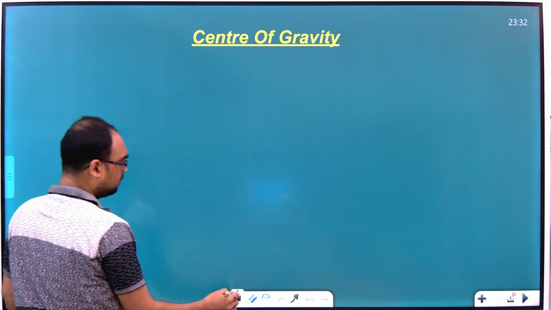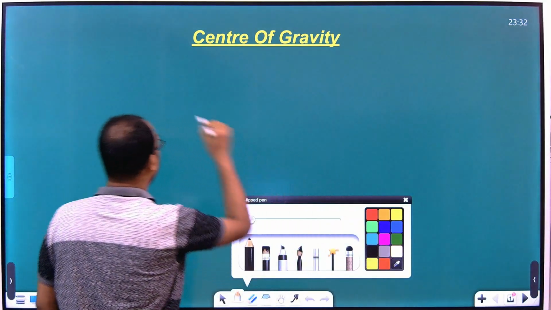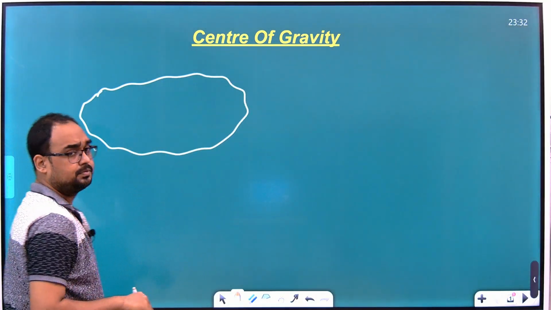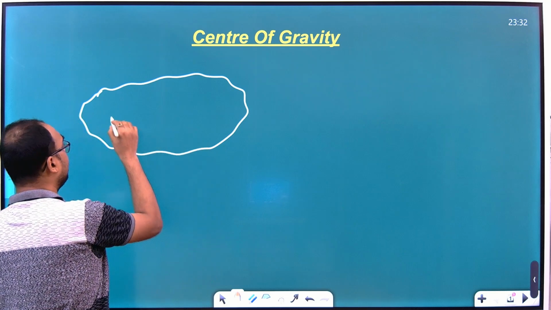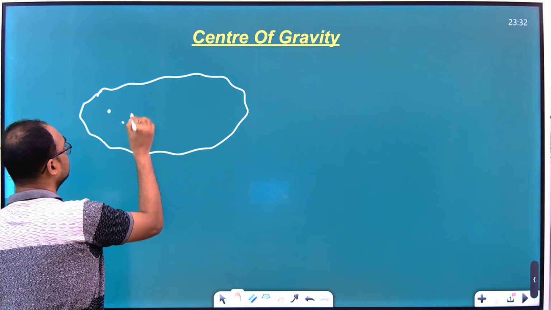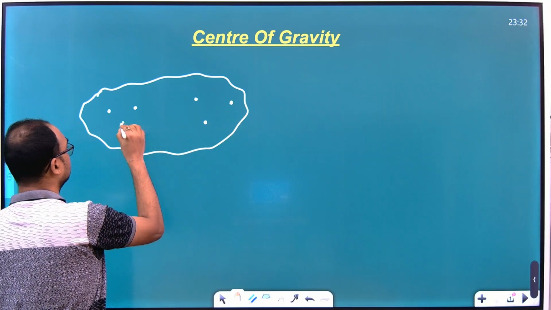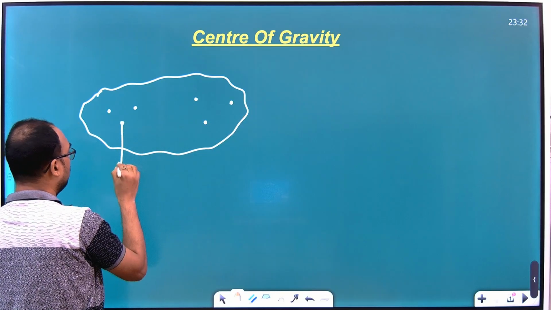Let's assume an irregular object. The object carries multiple molecules. Each molecule has its own weight.